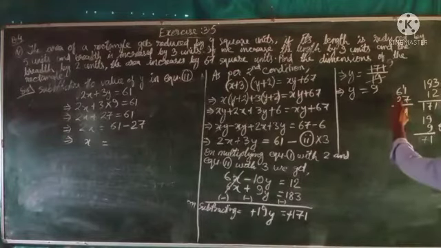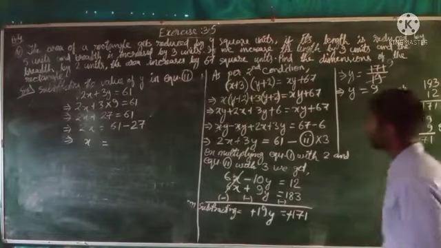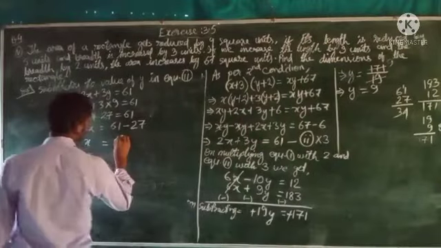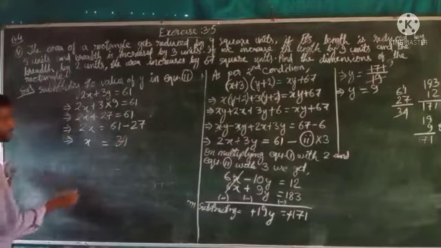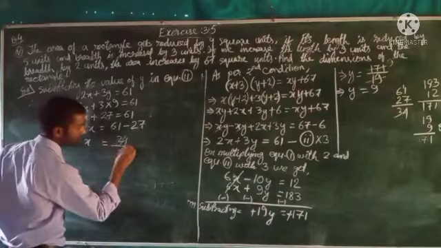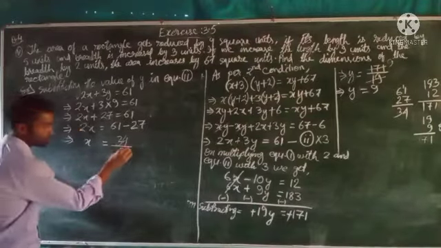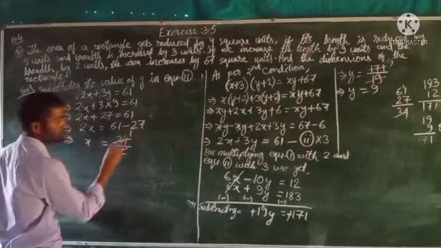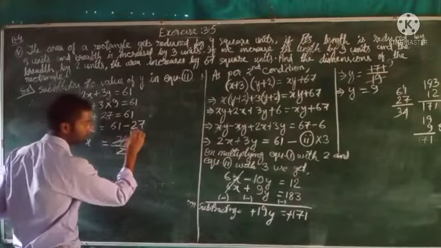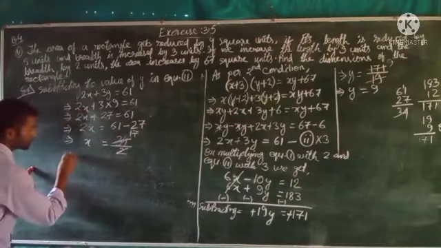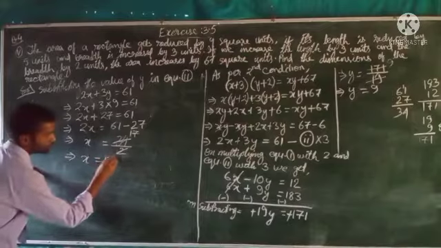Here it is left 5. 5 minus 2, it is 3. So we got here 34. And 2 we are transferring on the other side, it will change into divided by 2. So 2, 7 times it is 14. So now x is equal to 17.